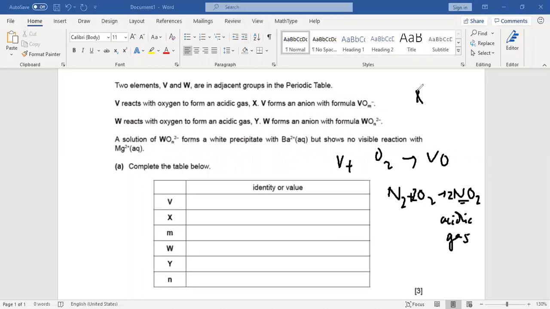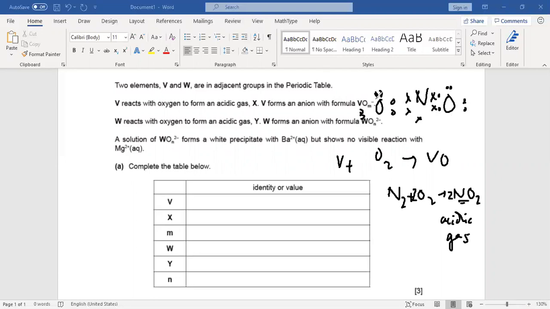So if I use NO2 and draw the dot and cross diagram for NO2 minus, nitrogen is in group 5, so that will be 1, 2, 3, 4, and 5 electrons of nitrogen. And then I have 1, 2, 3, 4, 5, 6 of oxygen, and 1, 2, 3, 4, 5, 6 of oxygen. I still have a lone electron here.